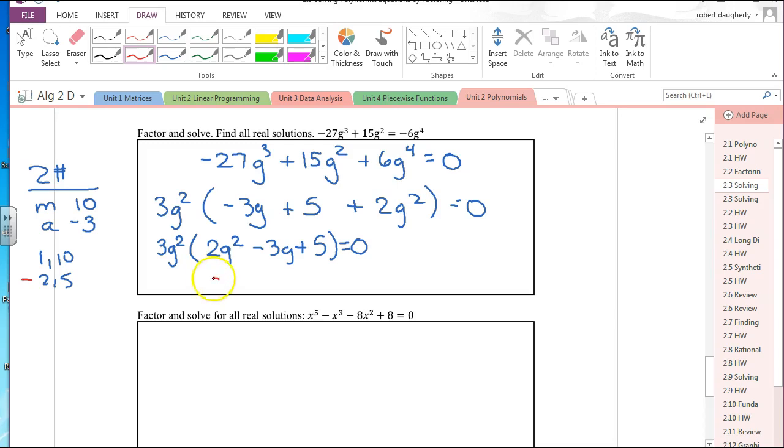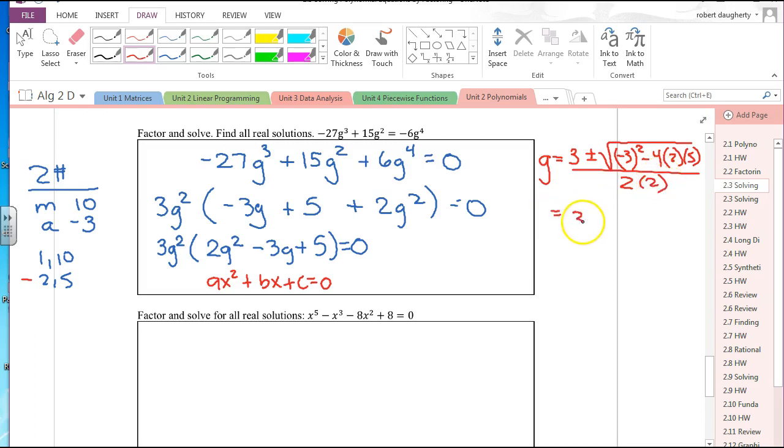So this is ax squared plus bx plus c equals 0. So solving for g, g is equal to the negative of b, that's 3, plus or minus the square root of b squared, so that's negative 3 squared, minus 4 times a times c, all of that over 2a.